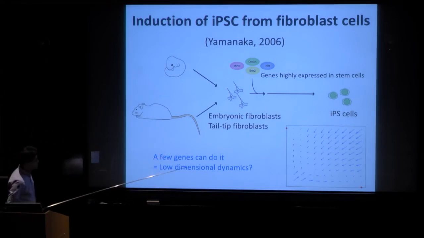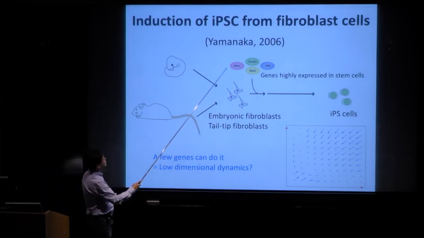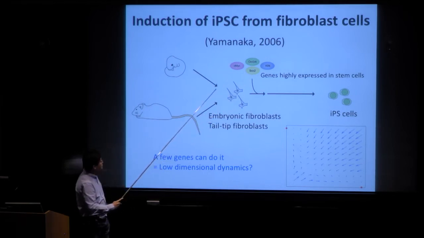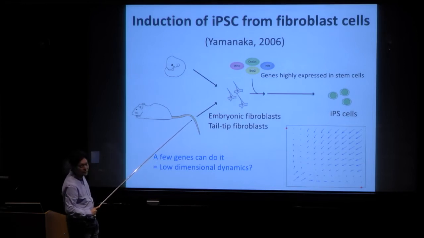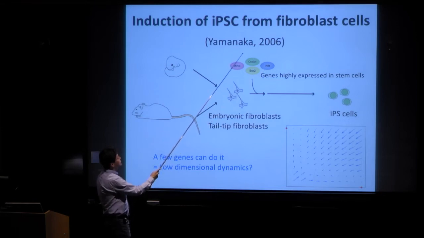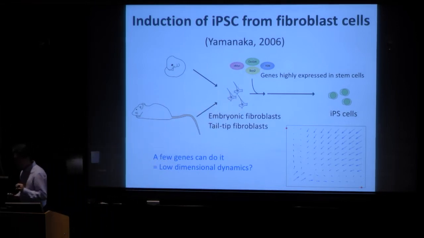He got a Nobel Prize for this. He tried many genes that are usually expressed in stem cells, and put them into a fibroblast cell. But eventually, he found that he can use only 4 genes to do it. So you can see this is a very low-dimensional system. This is very encouraging.